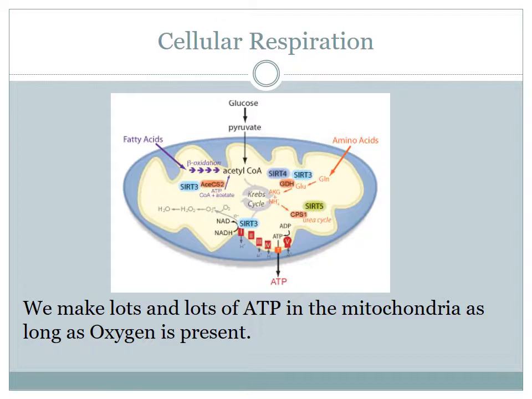That acetyl coenzyme A enters into what's known as the Krebs cycle, or the citric acid cycle. In this case, this acetyl coenzyme A is going to bind with a 4-carbon molecule to produce a 6-carbon molecule, and then that's going to just be systematically cut apart.